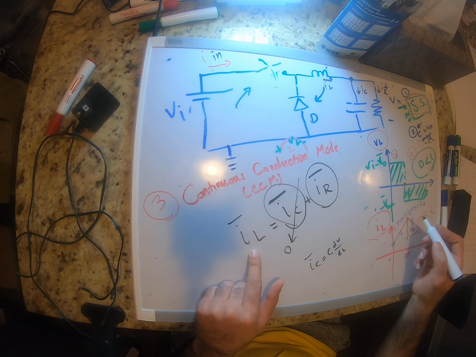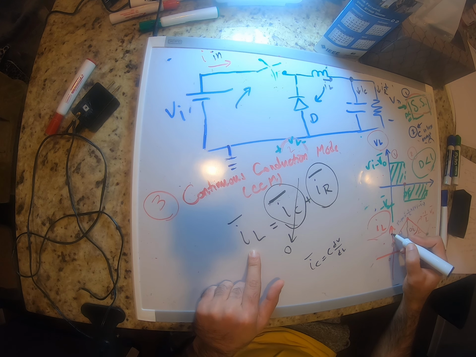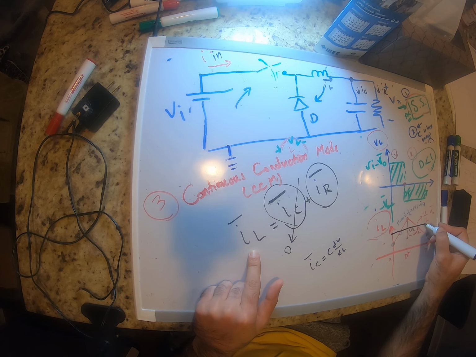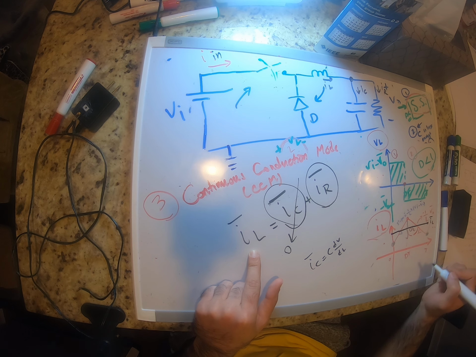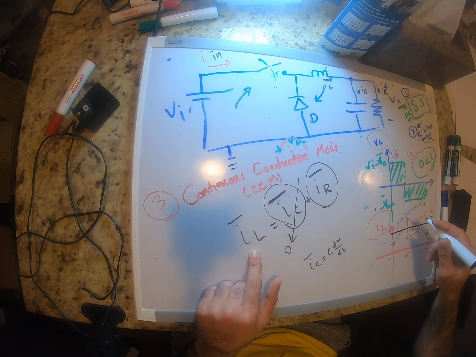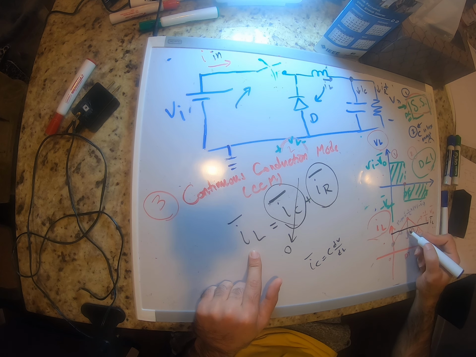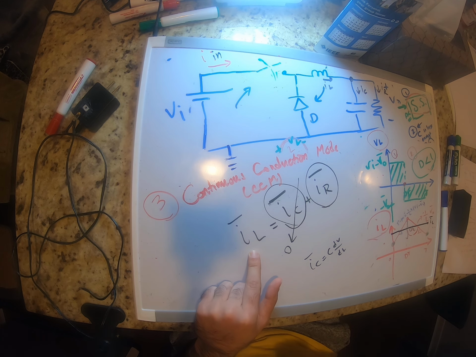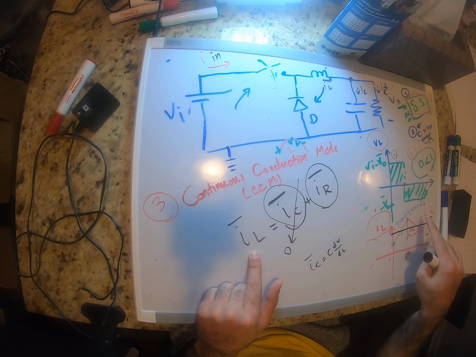So if I find the average of the current that goes through the inductor, let's call this one IL average, which is going to be exactly at the half point, at the middle of delta IL over 2. We did this when we talked about the average of different shapes.